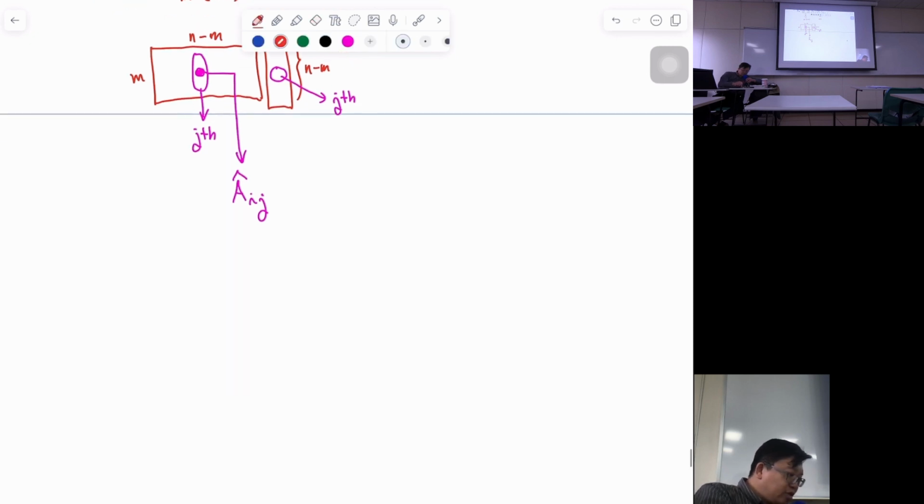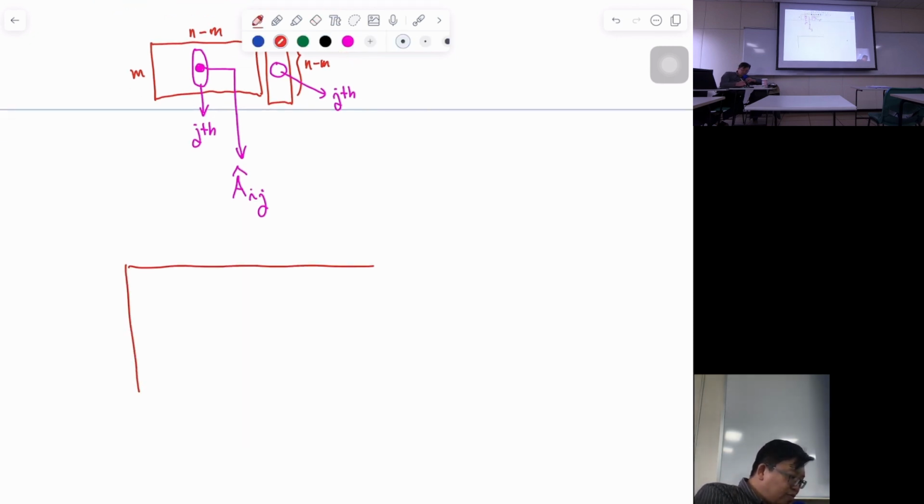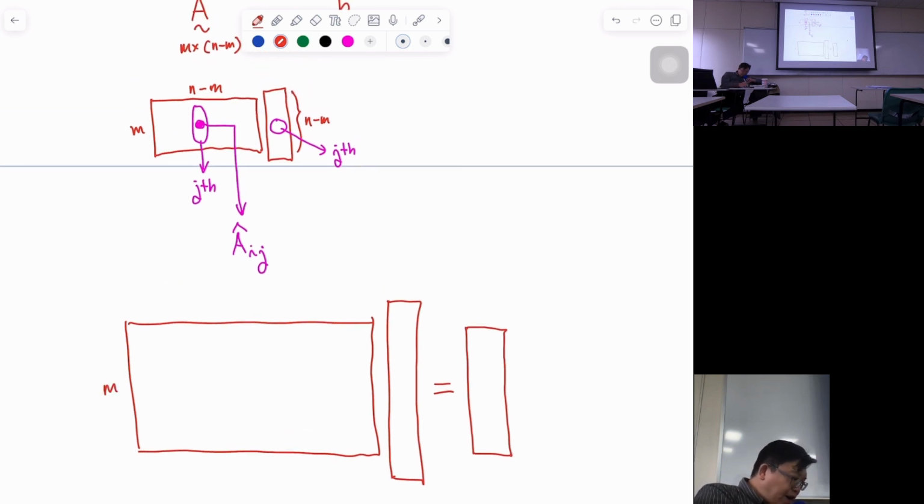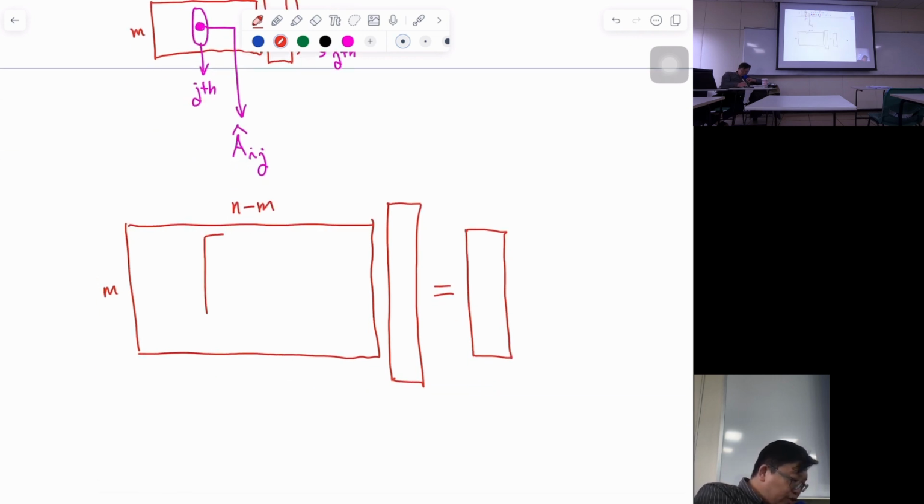I need a larger space, so let me make this larger. So this is m by n minus m, and here is your jth column. The first one is A hat 1j, second one A hat 2j, and so on, A hat mj.